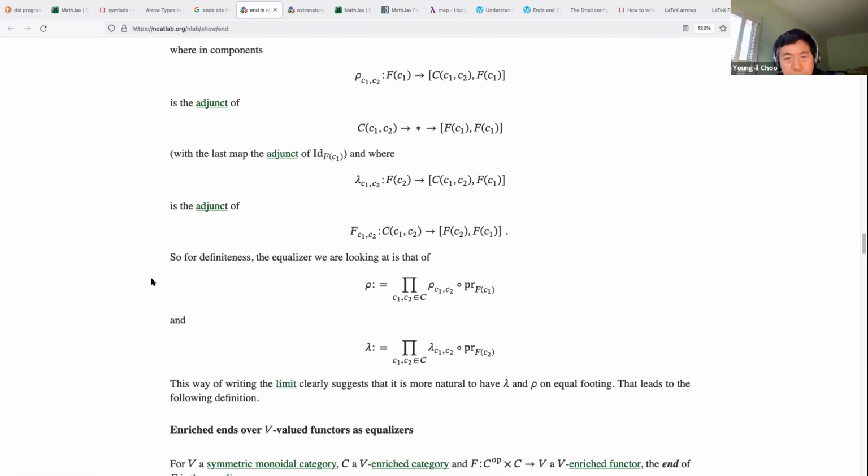Oh, look, it's lambda and rho again. Must be where Mac Lane got it from. What is PR? Projection of something? Must be.